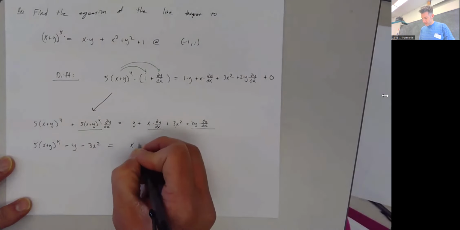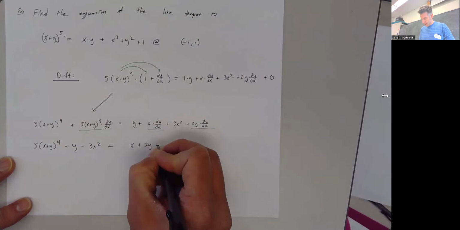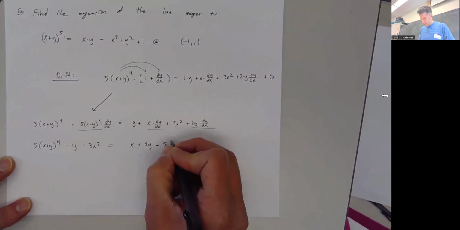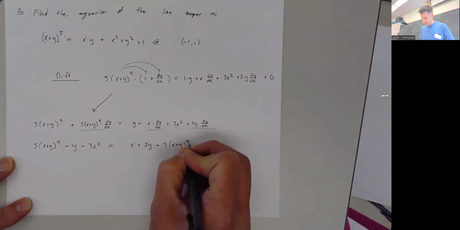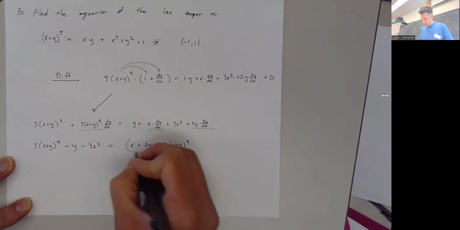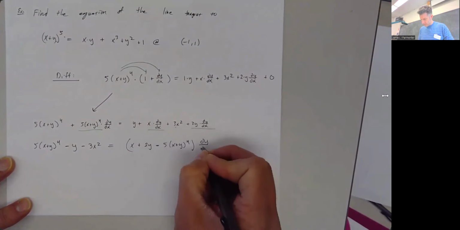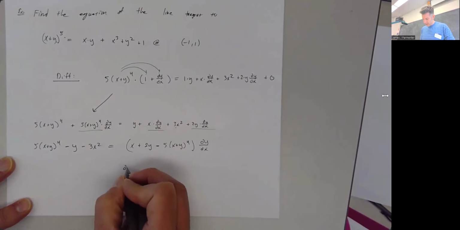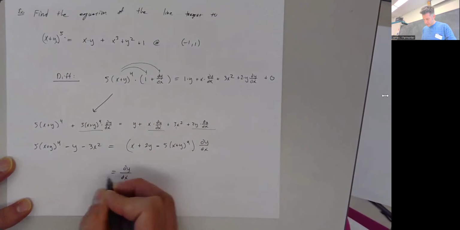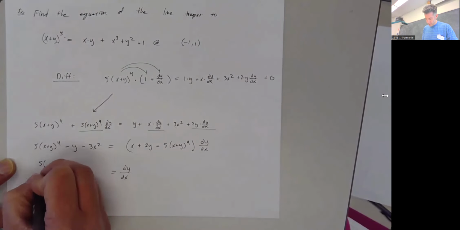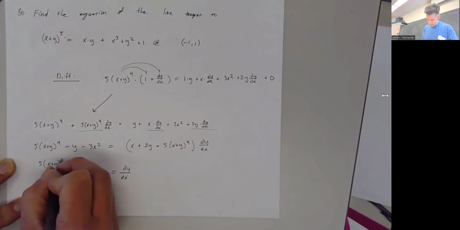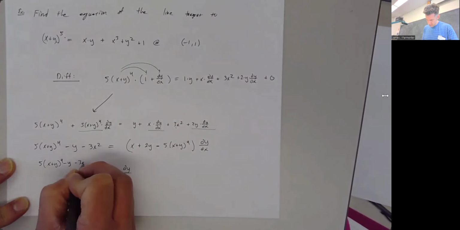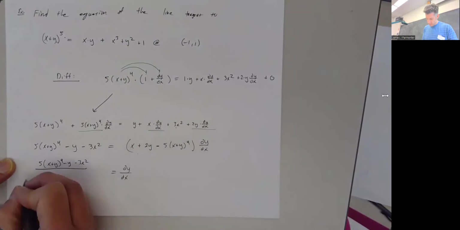So x plus 2y minus this part here, which is 5 times x plus y to the 4th, all times dy dx. Finally, dy dx is equal to all this junk here divided by all this garbage here.